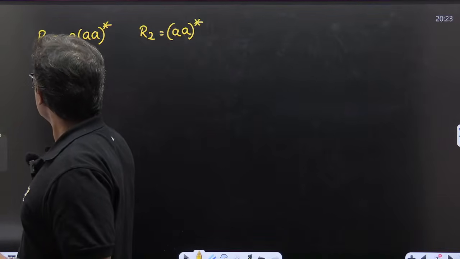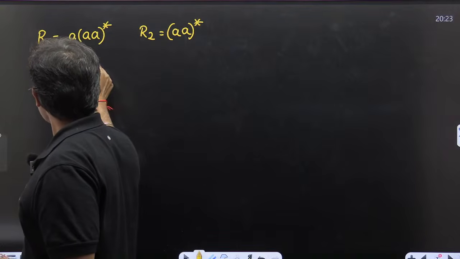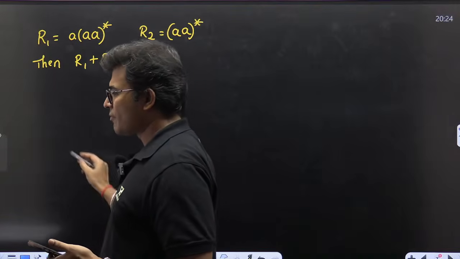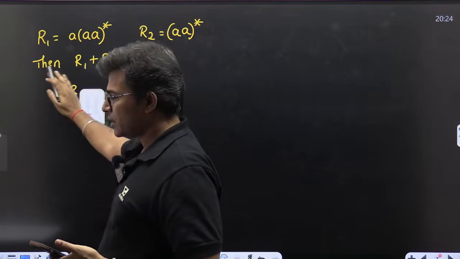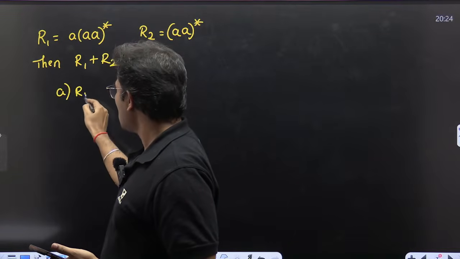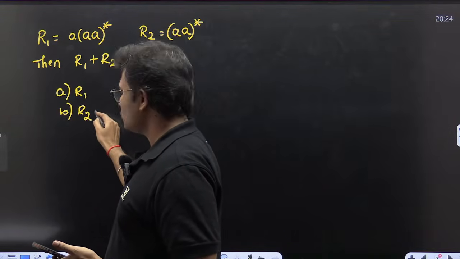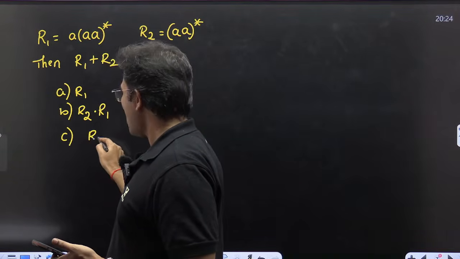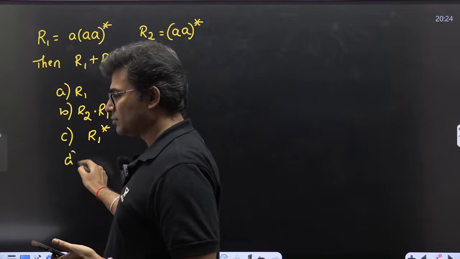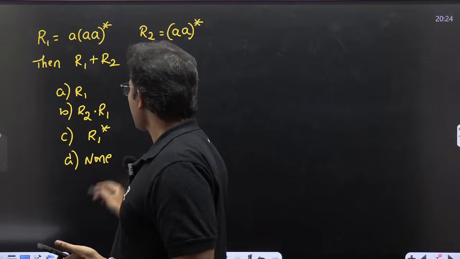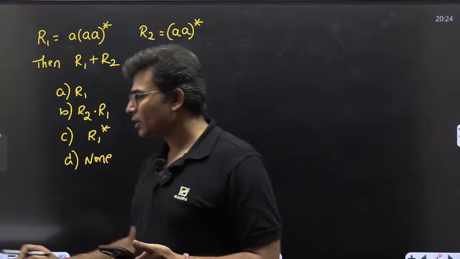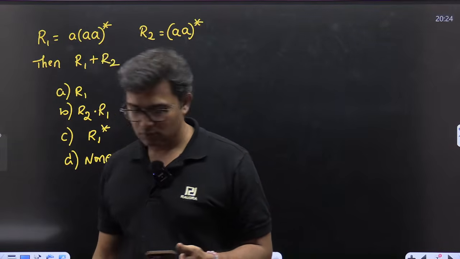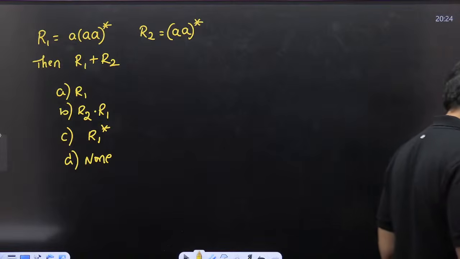Then which is A star: A, R1 plus R2; B, R2 concatenated with R1; C, R1 star; D, none. Try this. Everyone try this.